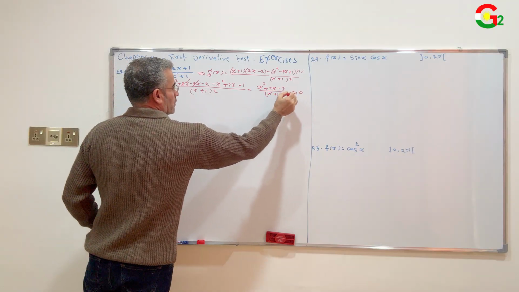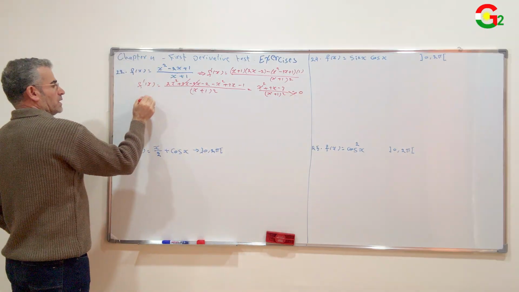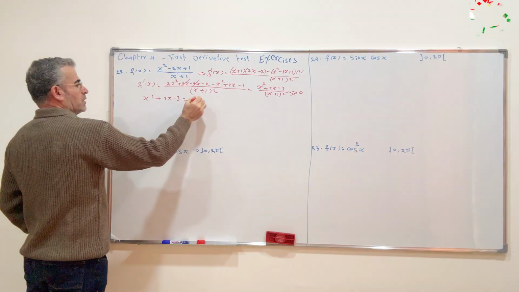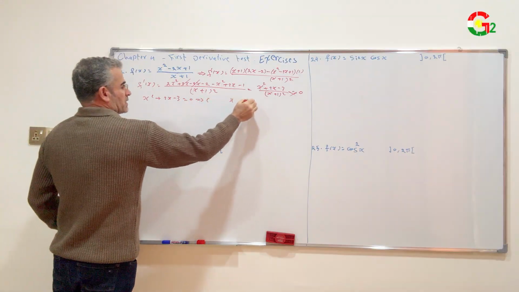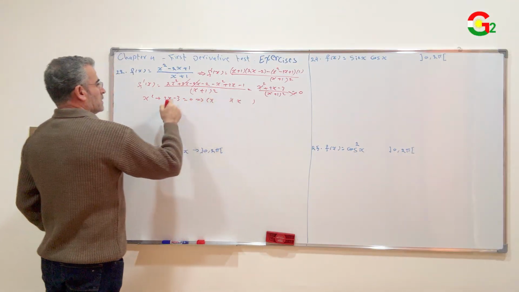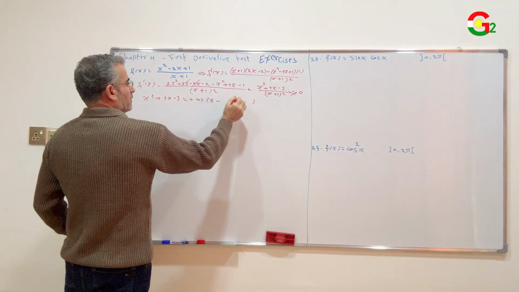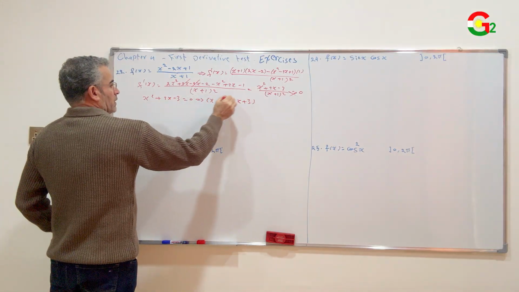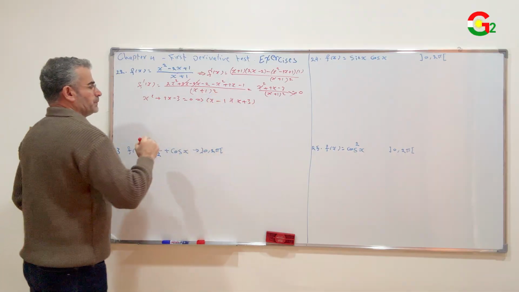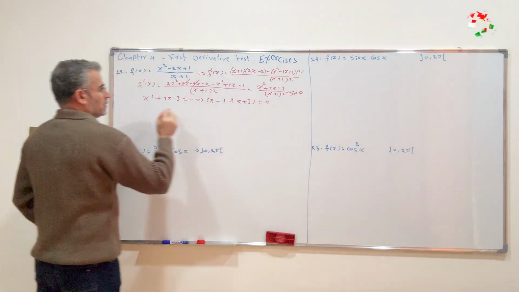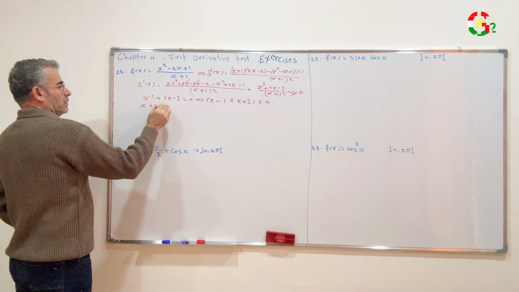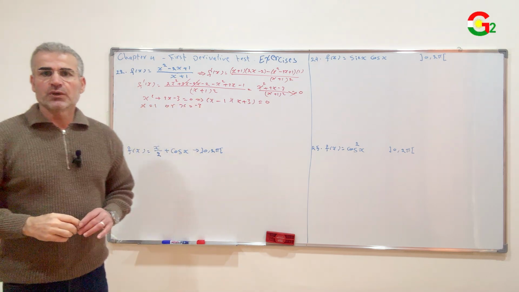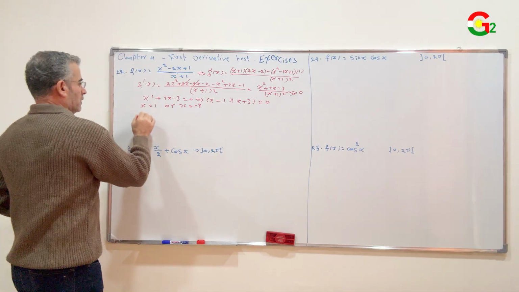Set it equal to 0; cross multiplication gives x^2 + 2x - 3 = 0. Factoring, (x + 3)(x - 1) = 0. Either x equals 1 or x equals negative 3 are the critical points of this function.